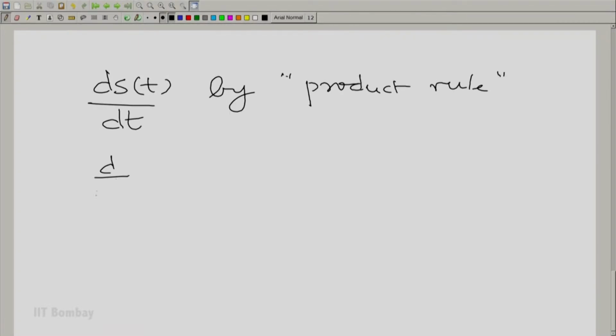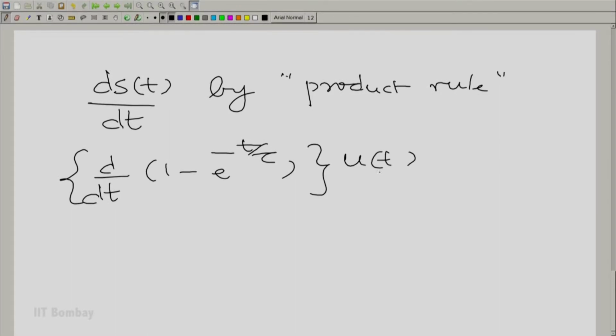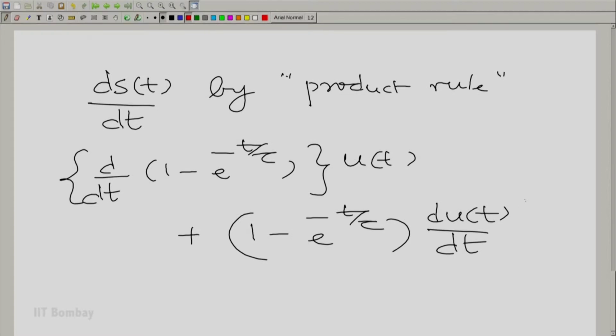So, it is d/dt of (1 minus e raised to the power minus t by tau) multiplied by u(t) plus (1 minus e raised to the power minus t by tau) multiplied by du/dt. But we know what this is. This is the unit impulse, and this is easy to find.